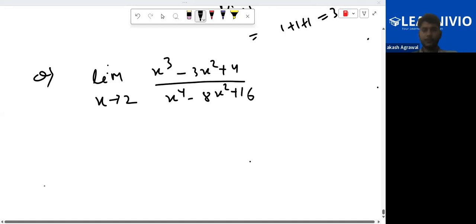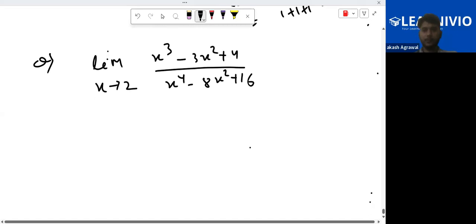Any of you who does not know how to factorize a cubic polynomial? Tell me honestly if you don't know this. You are going to need this in integration also. Okay, Rishita, you have not been learning this since class 11, right?